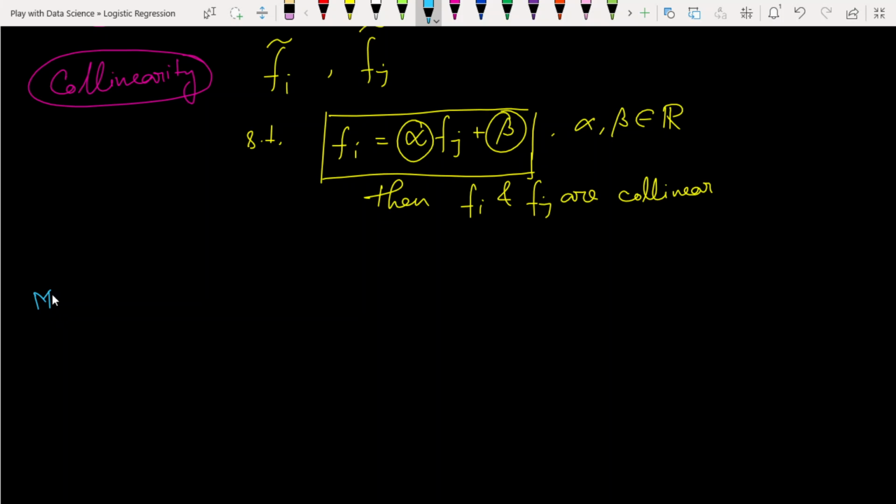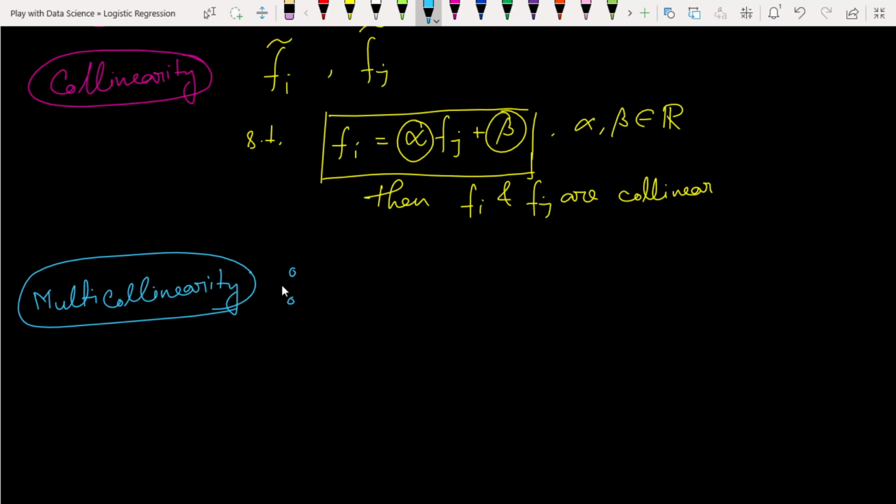What is multicollinearity? Multicollinearity is one kind of collinearity, just extended. Suppose our model has four features f1, f2, f3 and f4, such that one feature is generated by the other features, meaning one feature is written in linear form using the others.